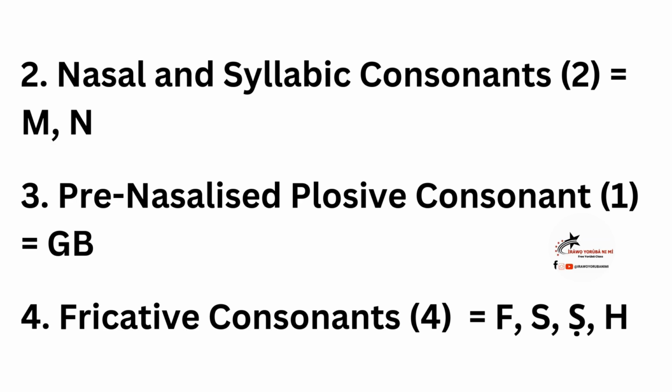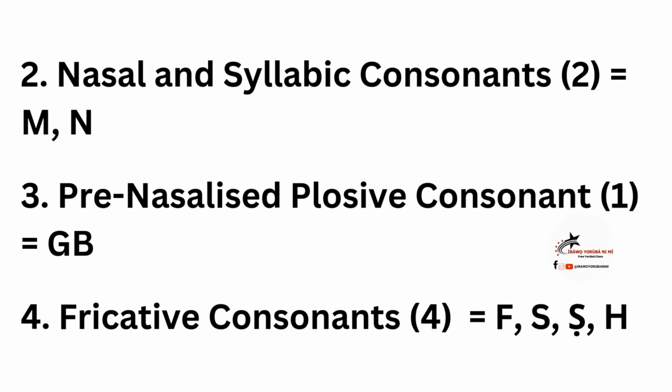Syllabic consonants are consonants that can stand on their own so that we will be able to affix tonal marks on them. When I taught you vowels, I taught you that vowels are the alphabets on which we affix tonal marks in the Yoruba language.